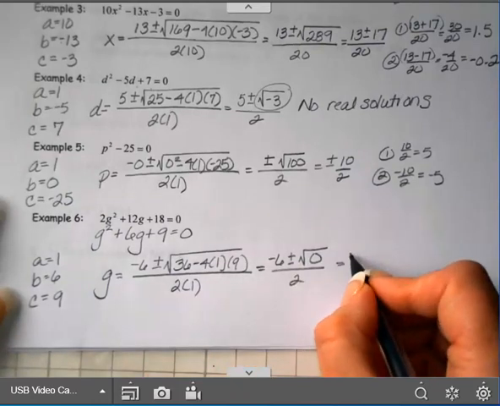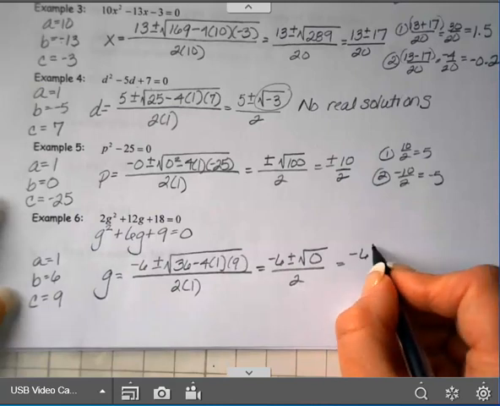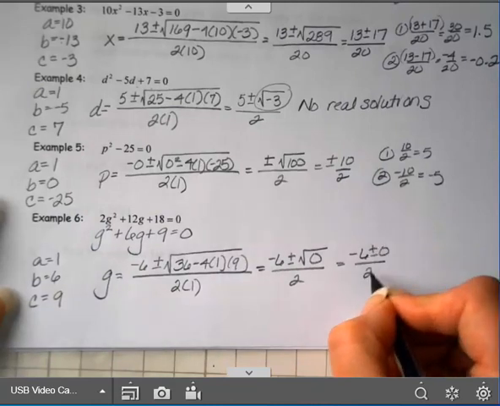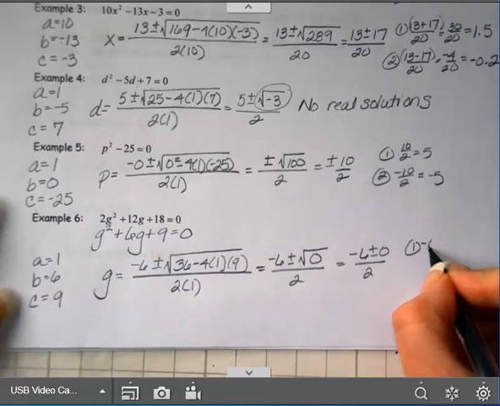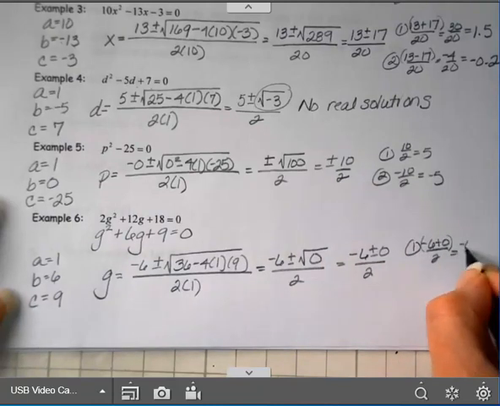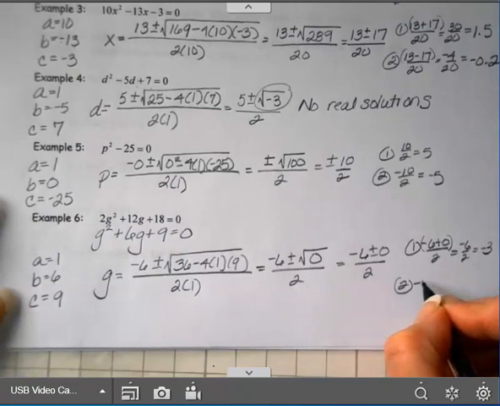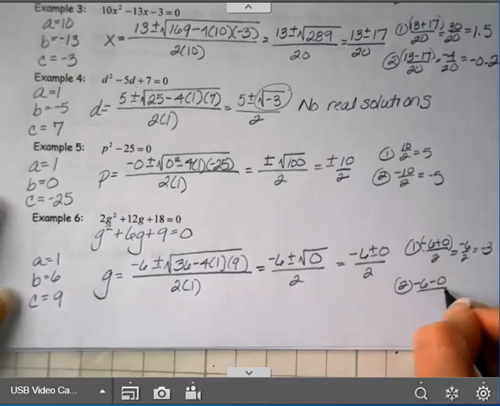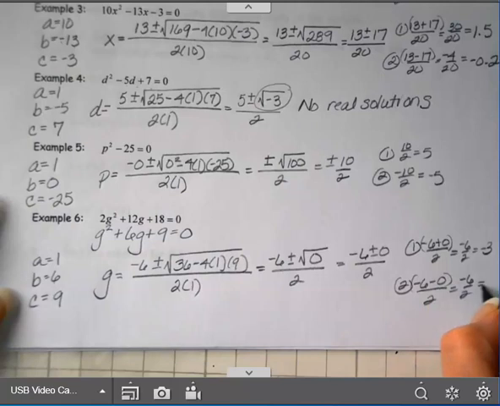So this is going to be negative 6 plus or minus 0 over 2. Negative 6 plus 0 over 2 is going to give you negative 6 over 2, which is negative 3. And then on the second one, negative 6 minus 0 will also give you negative 6 over 2, which is negative 3.